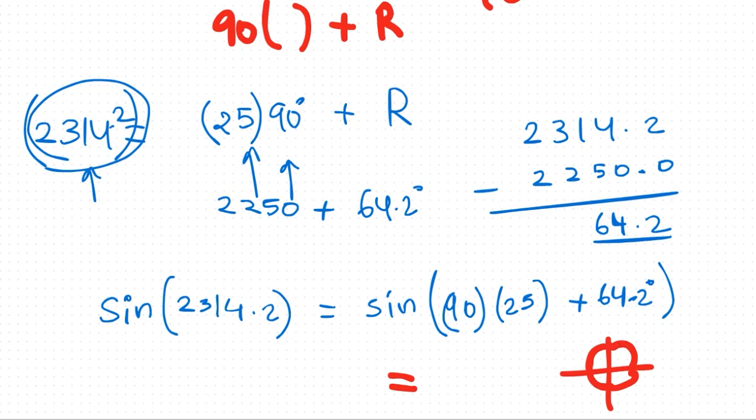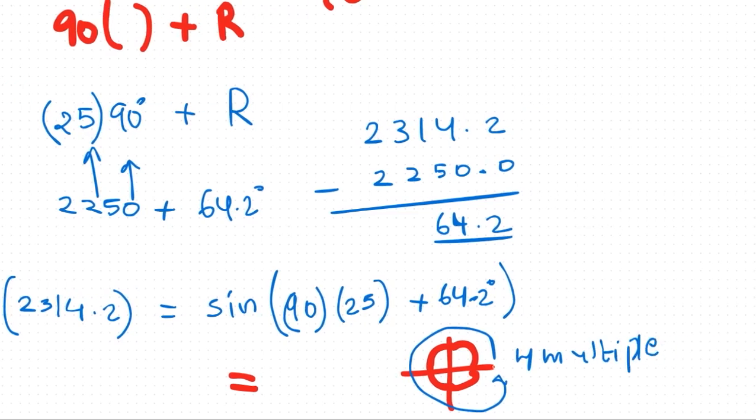For a full rotation, there are 4 multiples of 90. So up to 24, it will be here, and then one extra 90 means it will be here, and then you add 64.2. So it is in Q2.